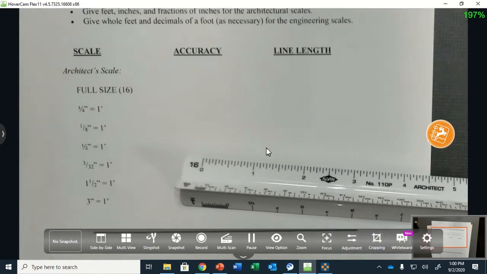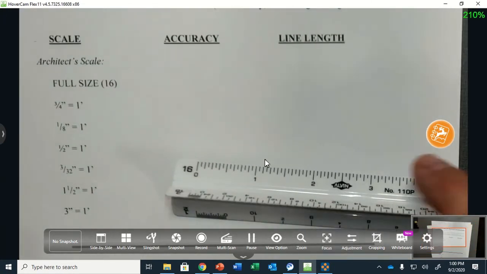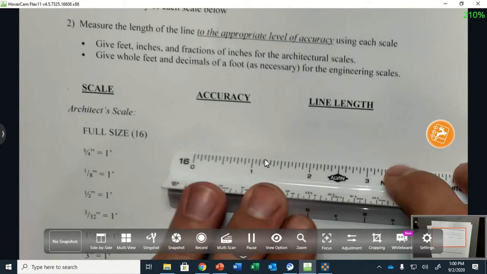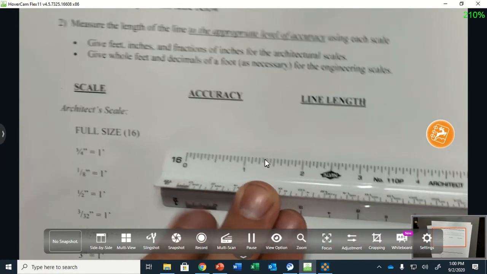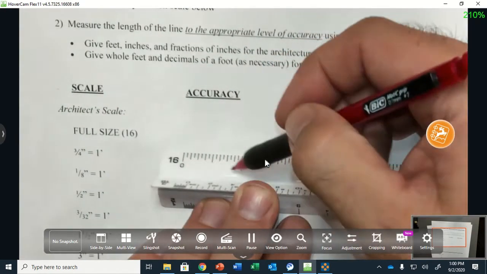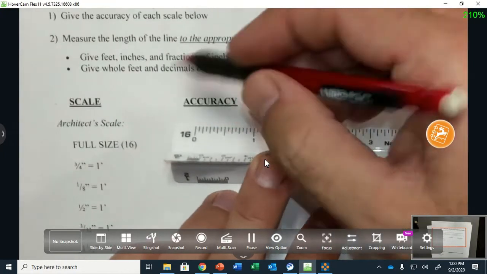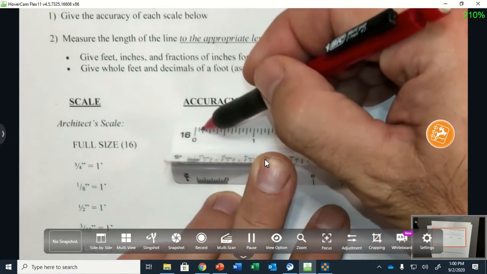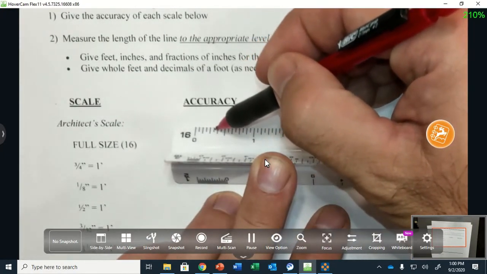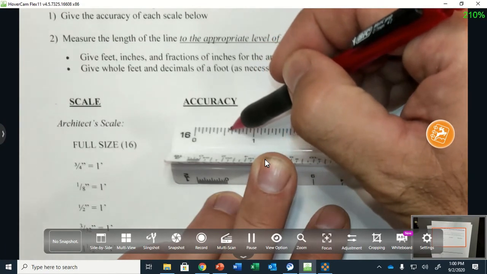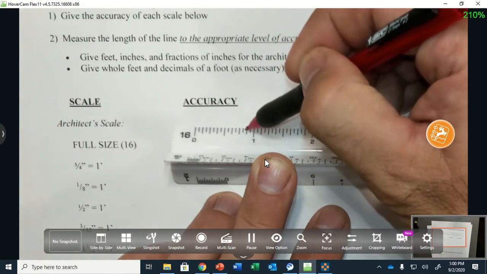I'll zoom in. So this is practice. I need to figure out what each tick mark is again. I'm going to count 1, 2, 3, 4, 5, 6, 7, 8, 10, 11, 12, 13, 14, 15, 16.